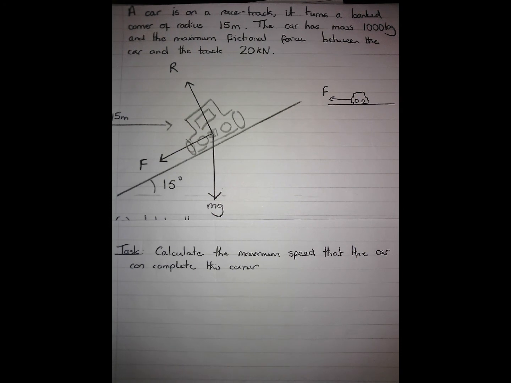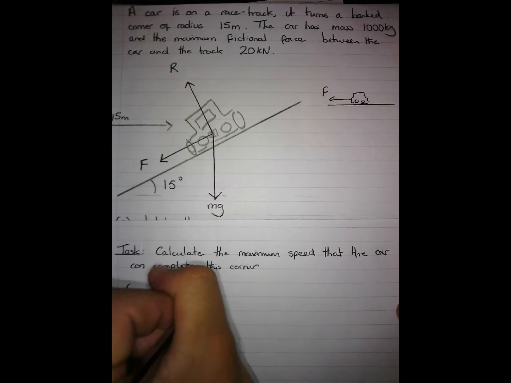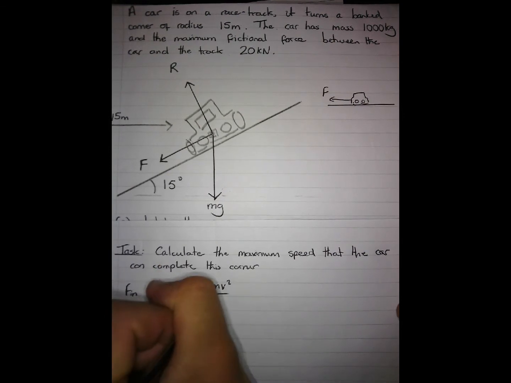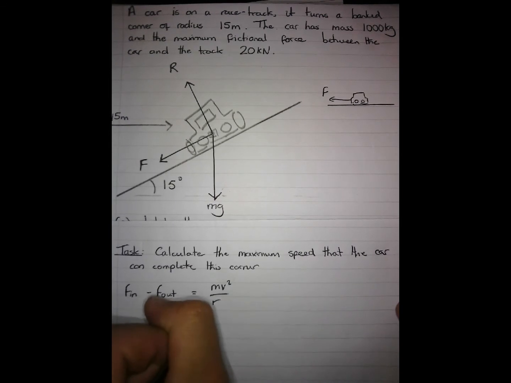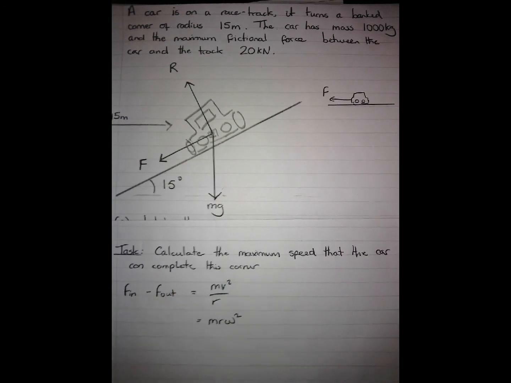centripetal problems last lesson. So for that car to stay in circular motion, we know that force in minus force out must equal mv squared over r, which is the same thing as mr omega squared. Now, at this point, we've got to ask ourselves which one of those formulae we need to use.